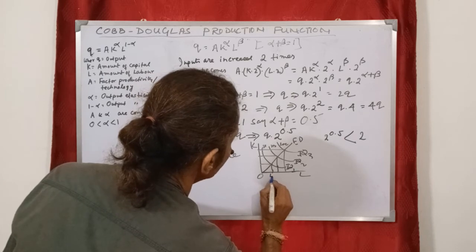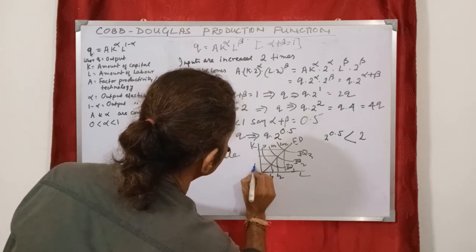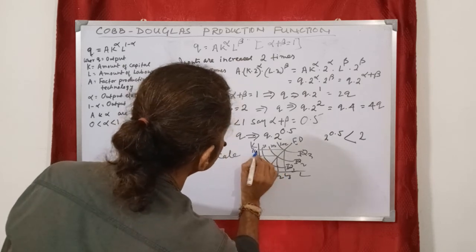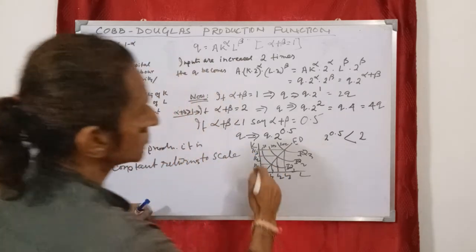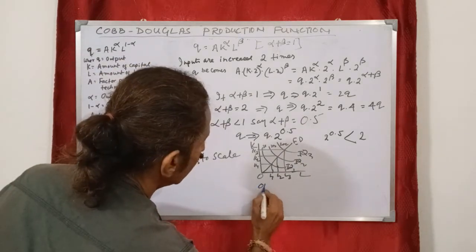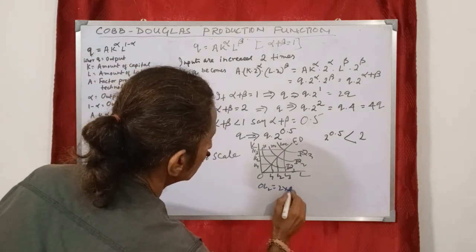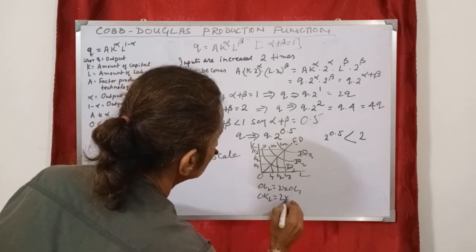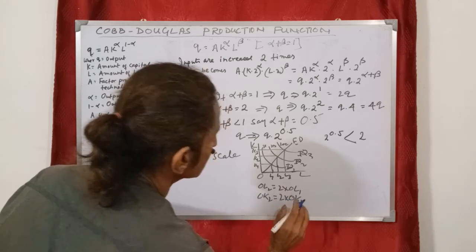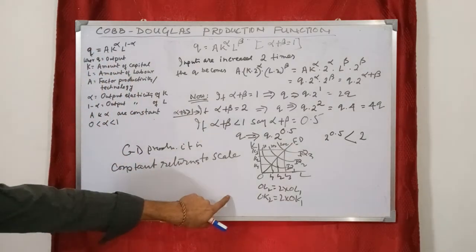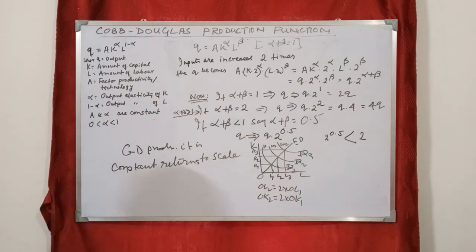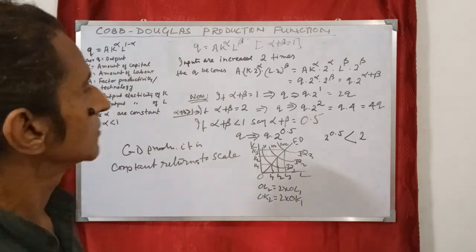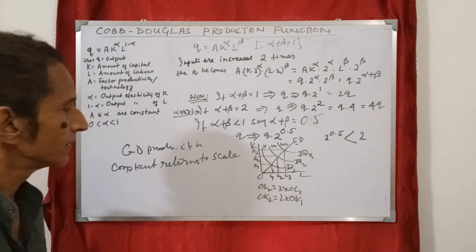This is L1, this is L2, this is K1, this is K2, this is L3, this is K3. So OL2 equals 2 into OL1, OK2 equals 2 into OK1. This is constant return to scale, which is pertinent in the Cobb-Douglas production function, right?